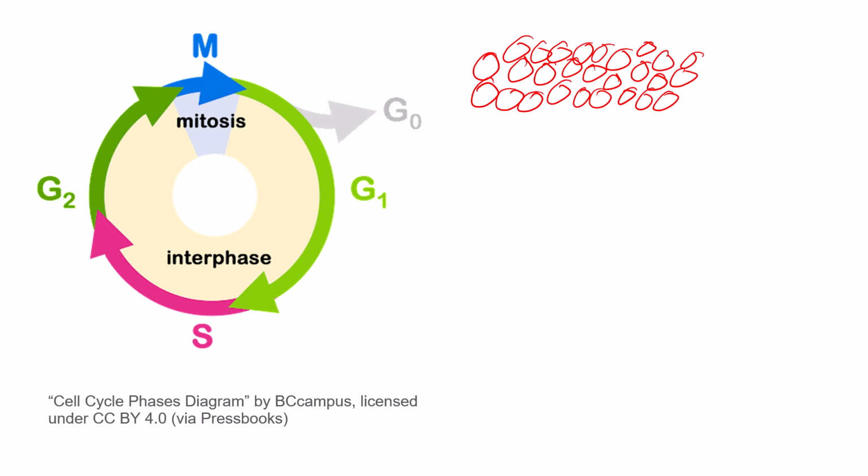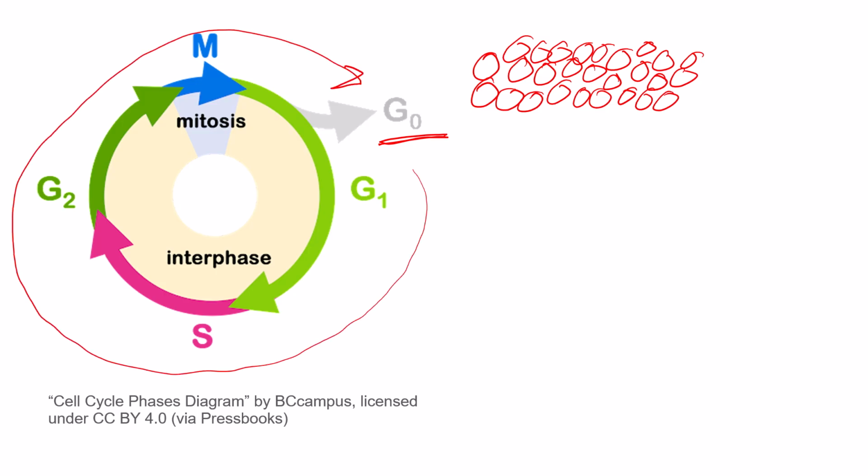Now, cells, they can be resting, or they can be growing and dividing to make new cells. Remember we talked about how a cell can make copies of its DNA, and then it can start to split into 2 cells.